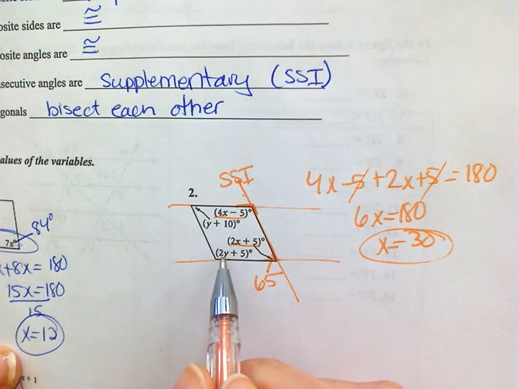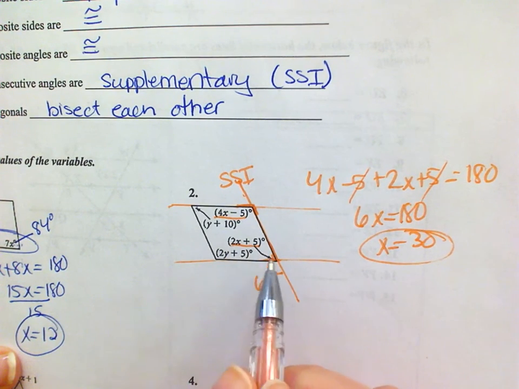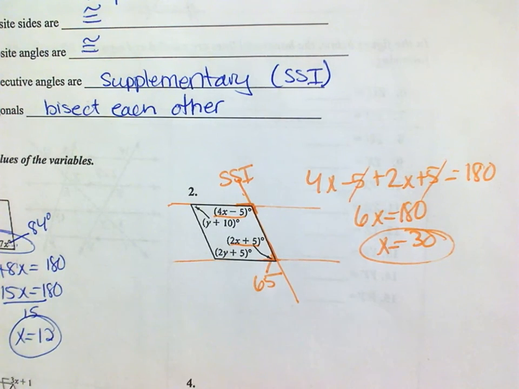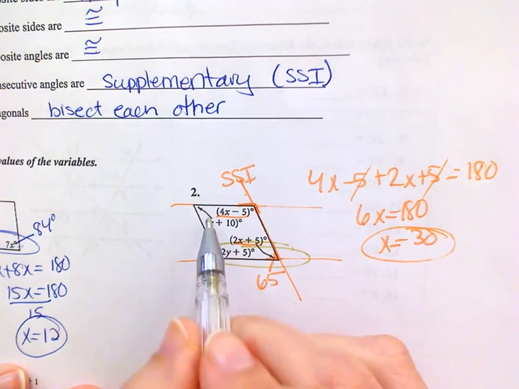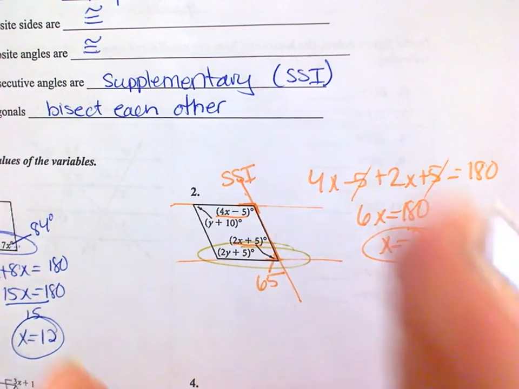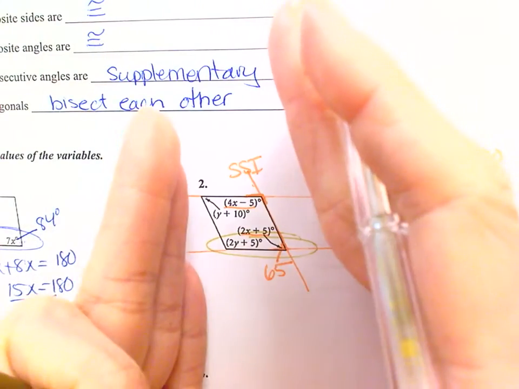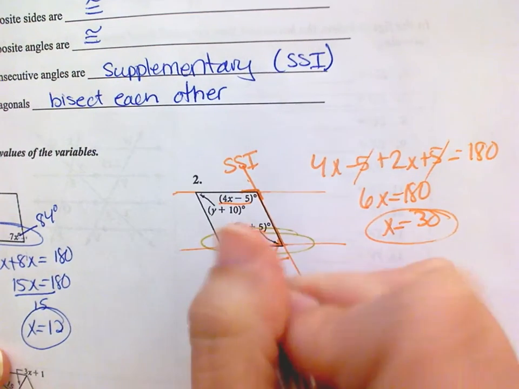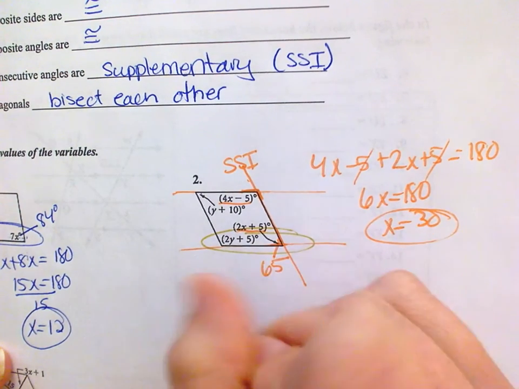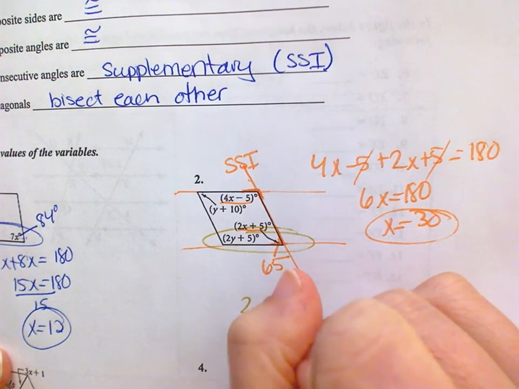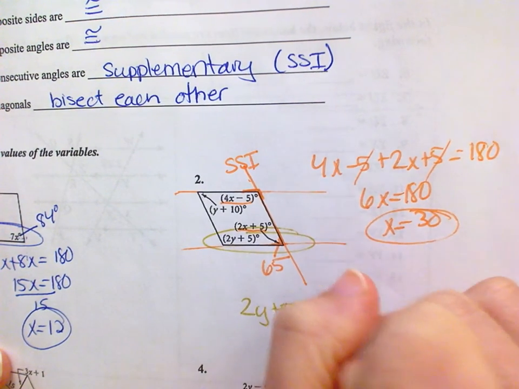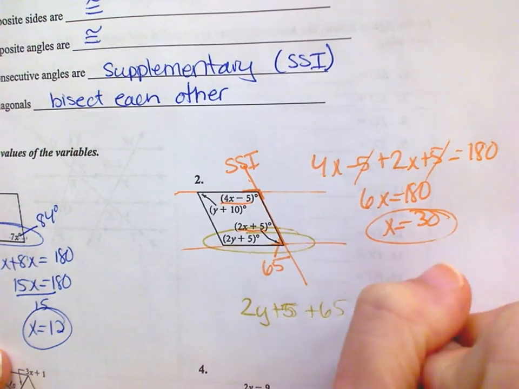And then if you're thinking side to side, let me switch colors here. These 2 angles are same side interior as well. It's just between the more horizontal or vertical lines. So these should also add up to 180. So 2y plus 5 plus 65 equals 180.